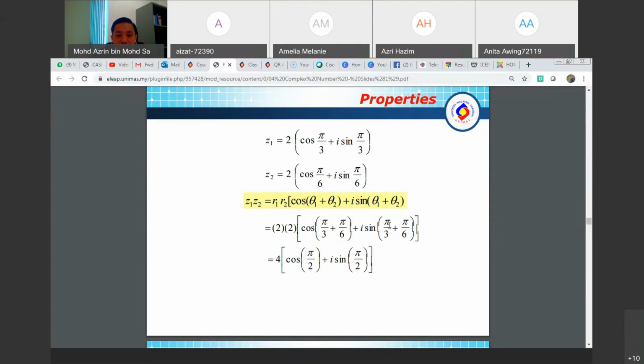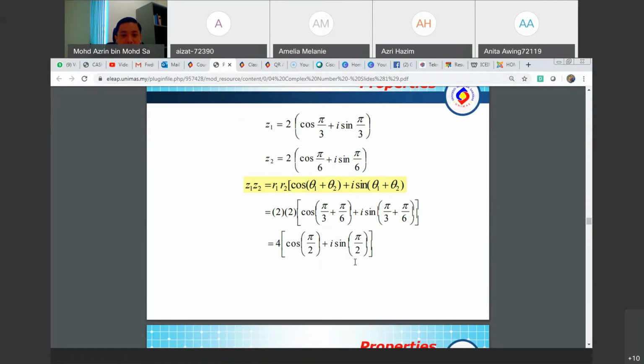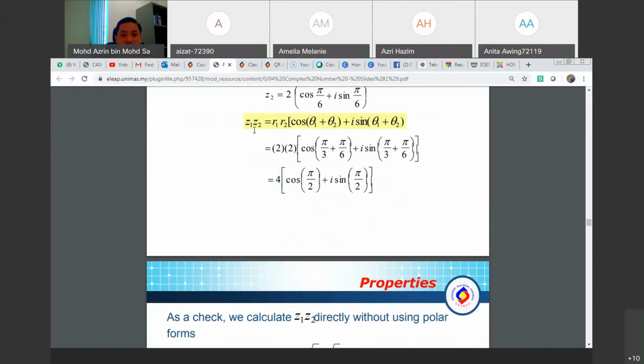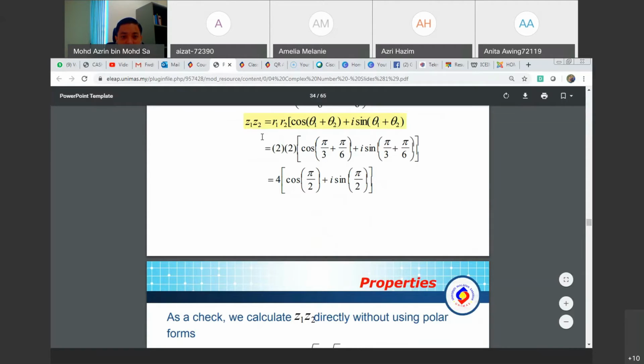Same goes here, pi over 3 plus pi over 6, you get pi over 2. Then you get this value of Z1 and Z2. The multiplication in polar form for Z1 and Z2 is 4 times cos pi over 2 plus I sin pi over 2.